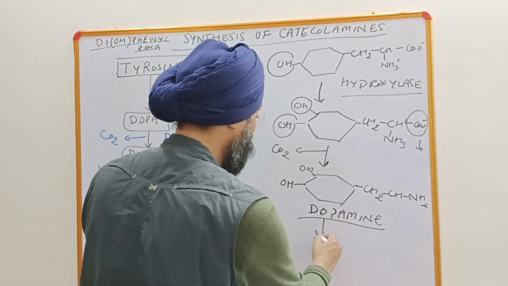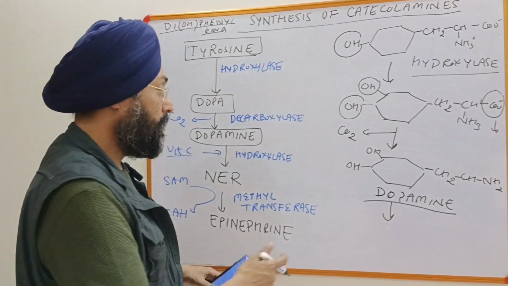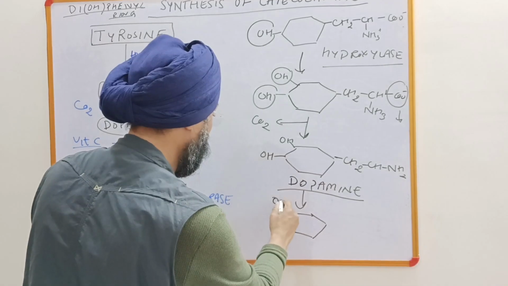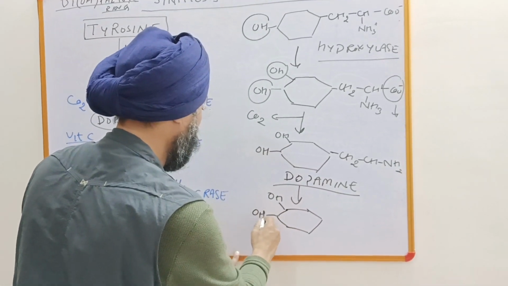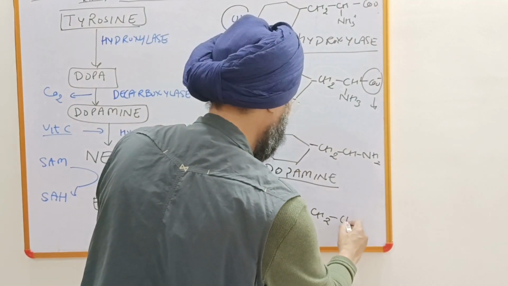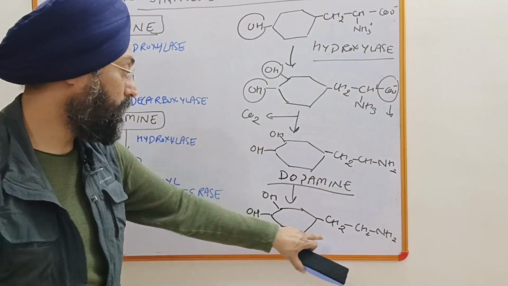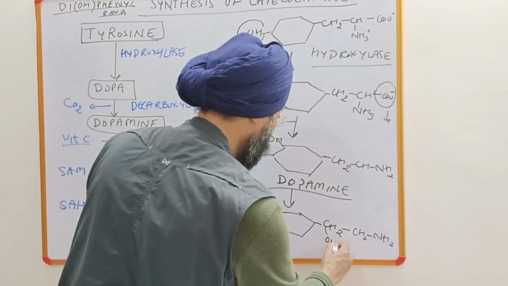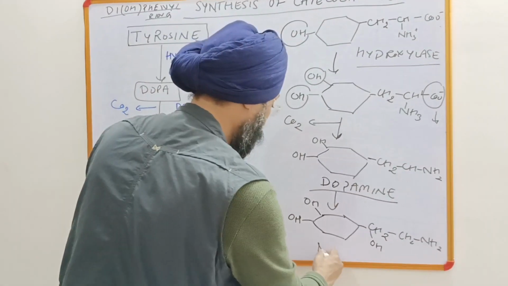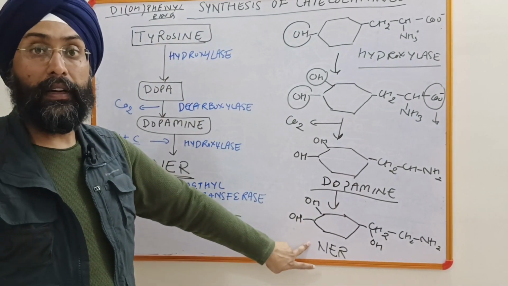Now dopamine will undergo a hydroxylation reaction again, right? So the same structure is there. Now when I introduce a hydroxy group here, it is converted to norepinephrine. It is a neurotransmitter and it is produced by the adrenal medulla.